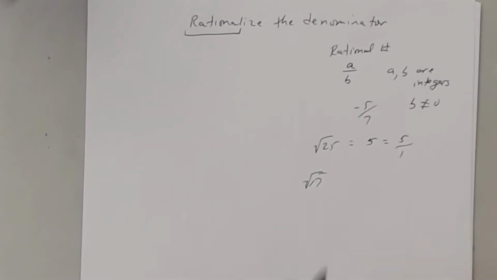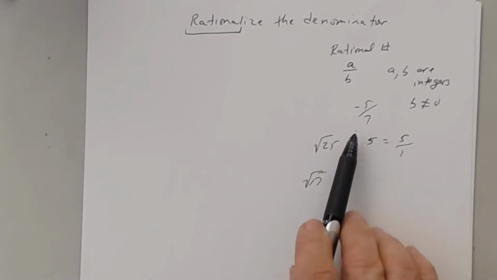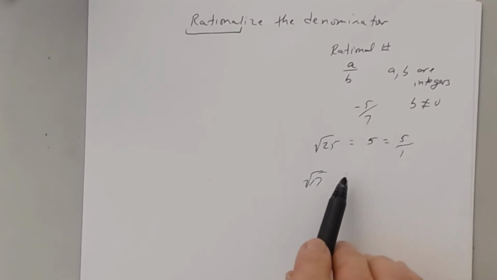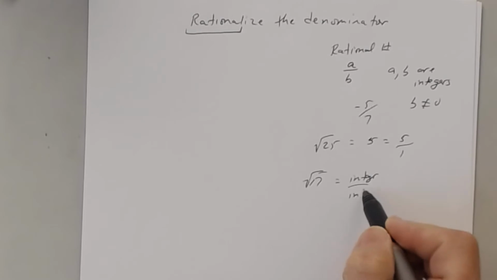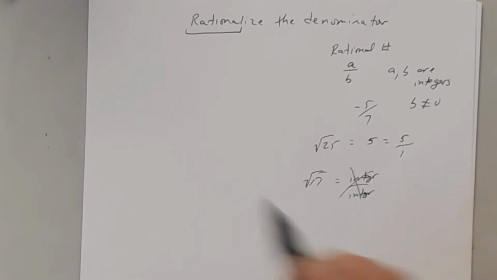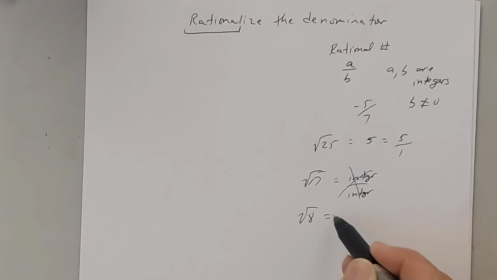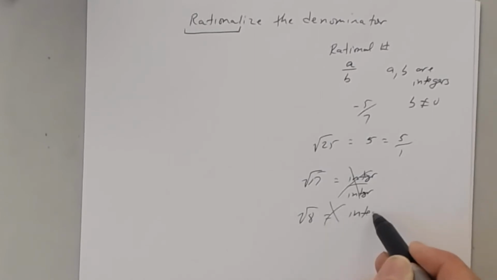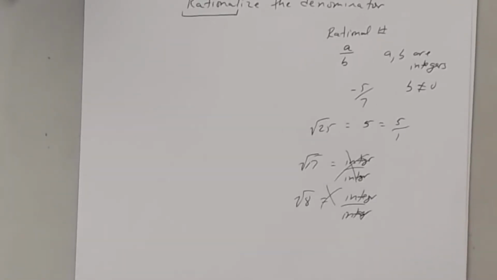It's irrational, because there's no way you can write the square root of 17 as a fraction that's an integer divided by an integer. Just like the square root of 8, it is not a rational number. You cannot write the square root of 8 as an integer divided by an integer.